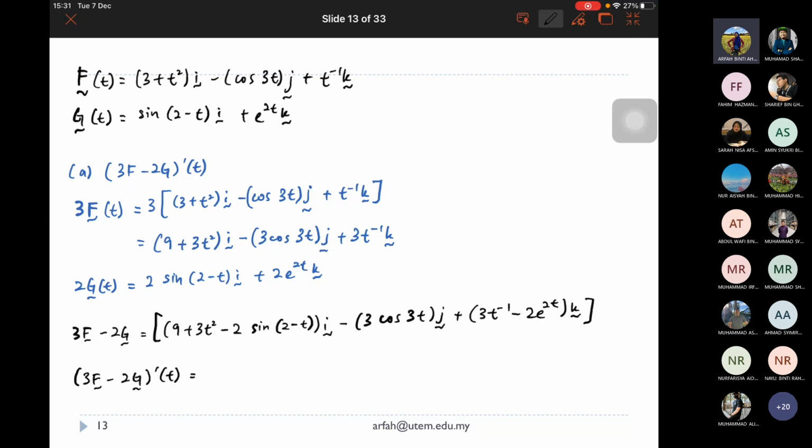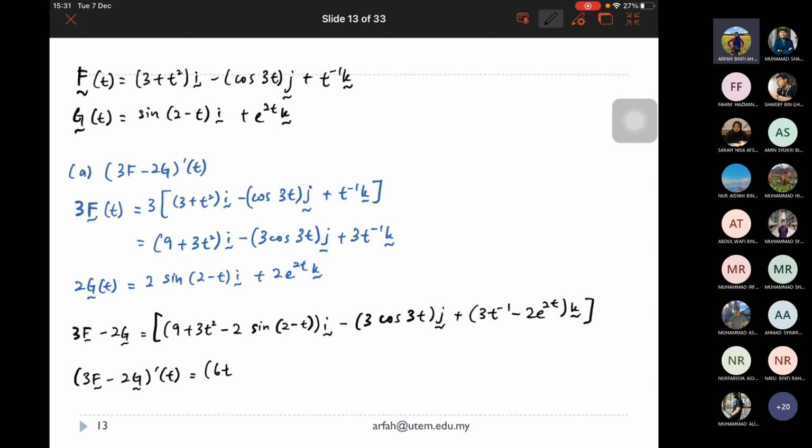Find the derivative. Bezakan satu per satu. So, bezakan satu per satu akan dapat bezakan 9 tambah 3t squared terhadap t, awak dapat 6t.